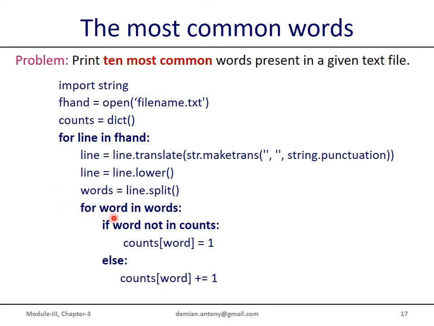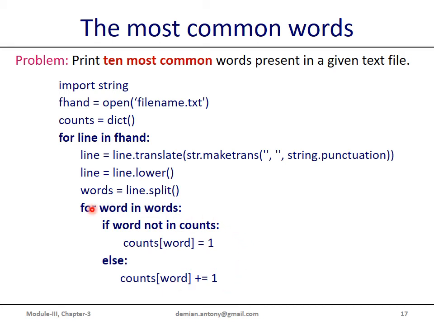Put the words present in the list of words into the dictionary. If a word appears for the first time, put the word into the dictionary with the frequency of occurrence 1. If that word has already appeared, increment the value at the dictionary location with the key word.